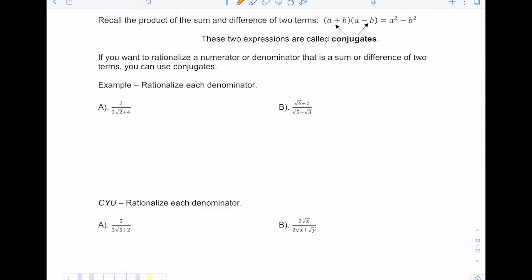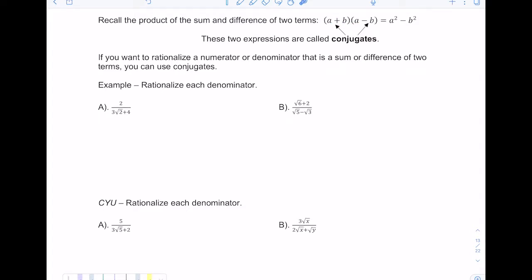So one of the important techniques that we use when we are rationalizing is this concept of conjugates. You've seen conjugates before when we looked at multiplying a sum and a difference of two binomials. We ended up getting a squared minus b squared if you were to FOIL this. Okay, we call this a sum and a difference.